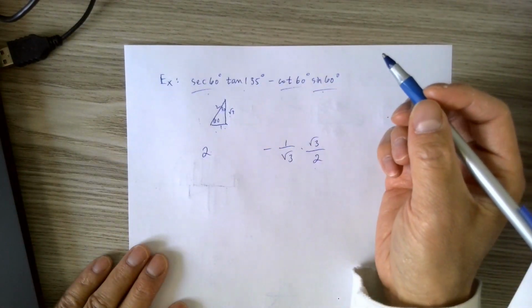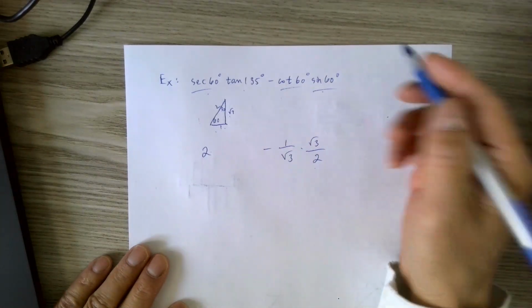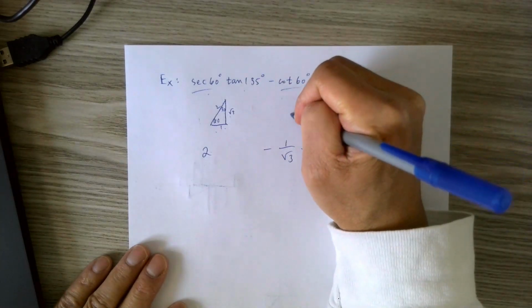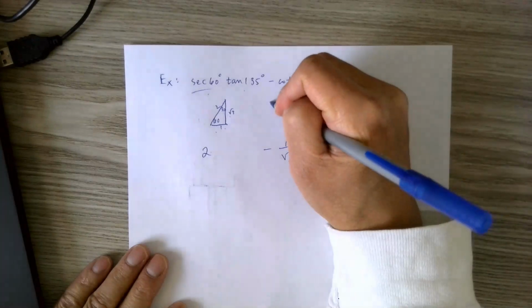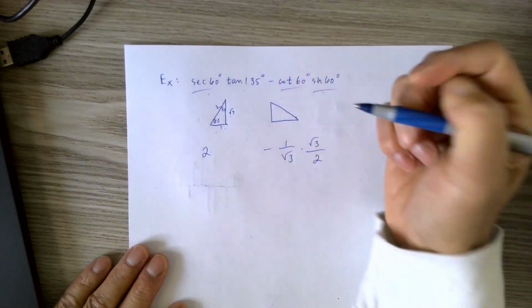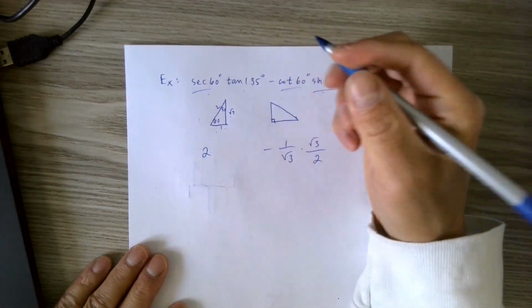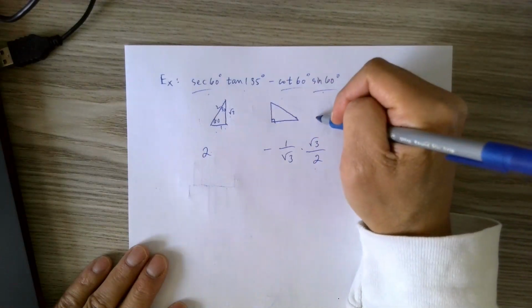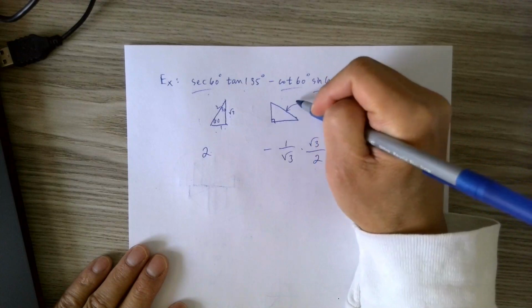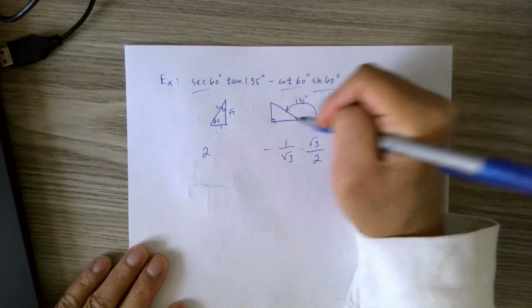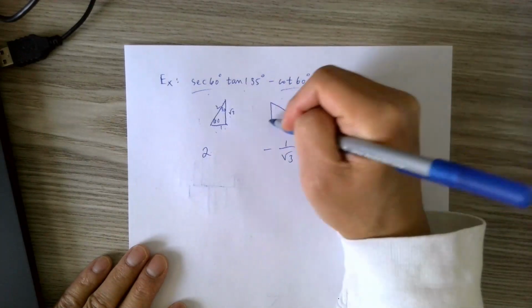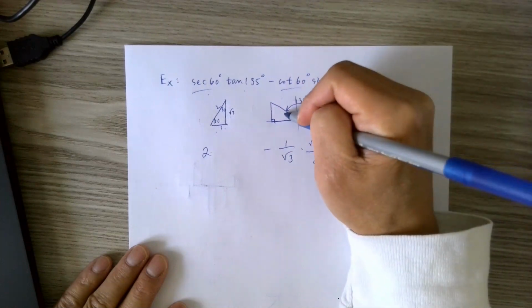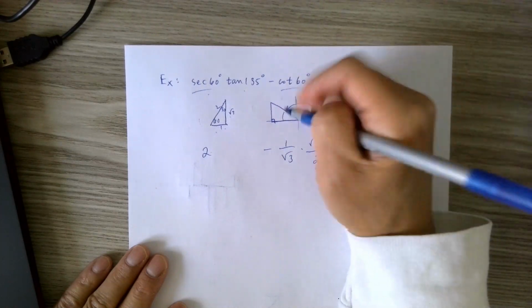Tangent 135, that is in quadrant 2. So I'm going to draw my triangle like this. Quadrant 2. And so this is 135, if you can imagine the axes here. So that makes my reference angle 45.